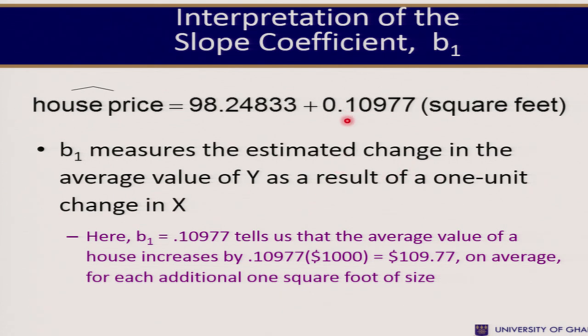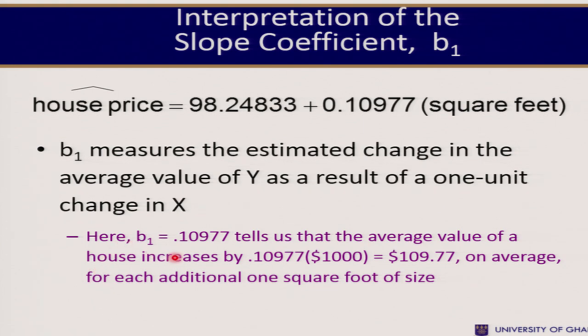Therefore, if you have a b1 of 0.10977, it tells you that for every unit increase in the square feet, you're going to have a 109.77 increase on average in the house price. Also, remember that this was already given in thousands, and therefore, if you're interpreting, you have to multiply this value by 1,000.